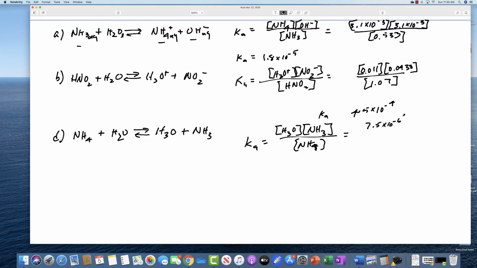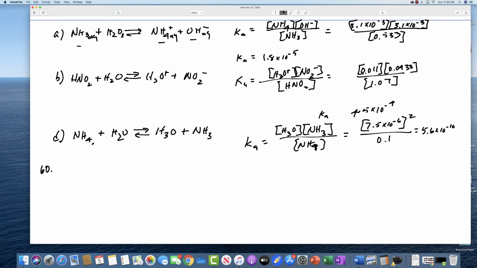H3O is also 7.5 times 10 to the minus 6, so that's squared, divided by 0.1. And the answer on this one is 5.6 times 10 to the minus 10. So that's number 54.